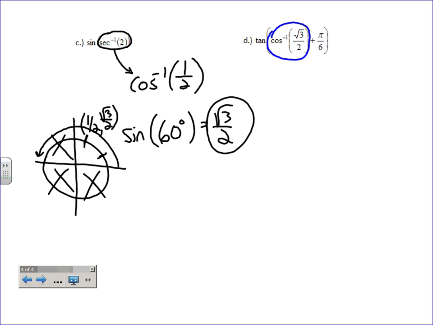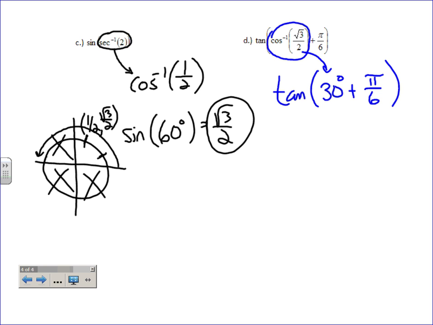Well, we just had sine being square root of 3 over 2 at 60. So yeah, it's 30 degrees. So it's tangent. Okay, so you're telling me this one is 30 degrees, and I'm supposed to add pi over 6. How do you do pi over 6 and add it to 30 degrees? Yeah, you got to change one of them.